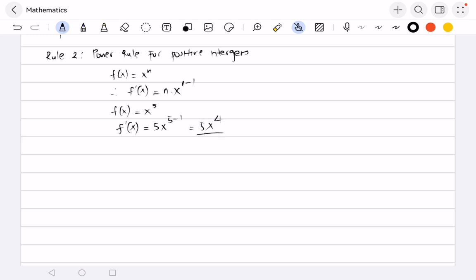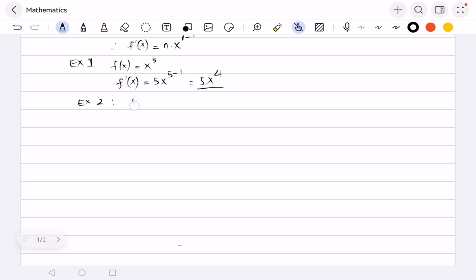This is known as the power rule. Let's do another example, example 2. We have f of x, which is 4x to the 6, right? So the derivative of f of x, obviously you're going to have 4 multiplied by 6, and then x to the 6 minus 1.